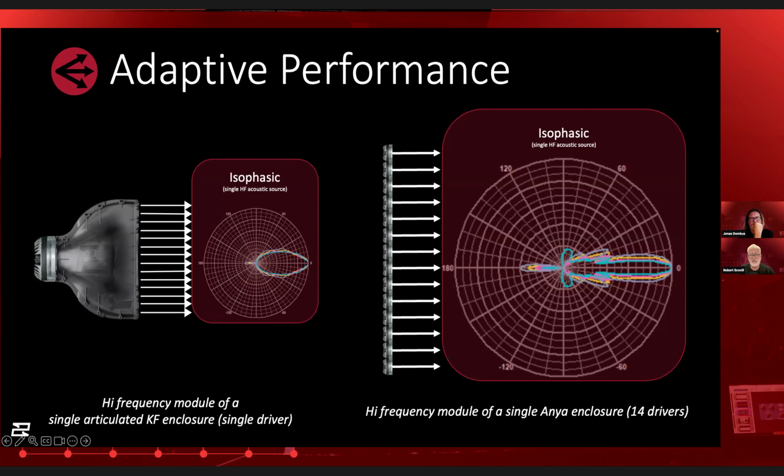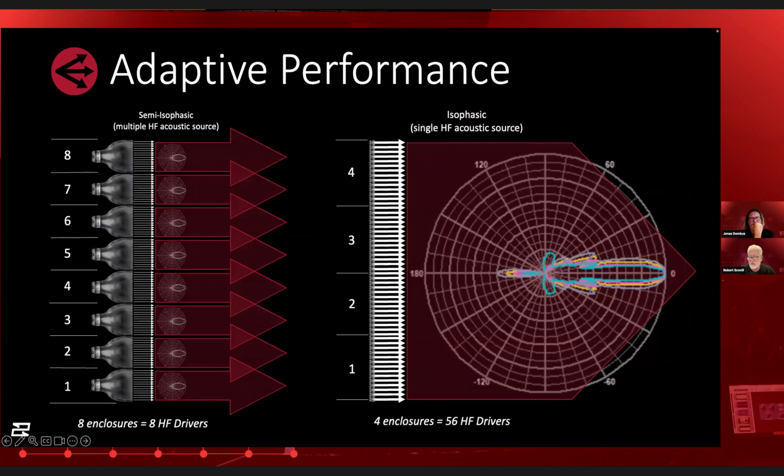And this really starts to show itself as we start to add more components, as we start to stack, right? So you can see as we stack the isophasic pieces here, what we are actually running into is we're turning the high frequency element of the array into more of a point source like array, right?